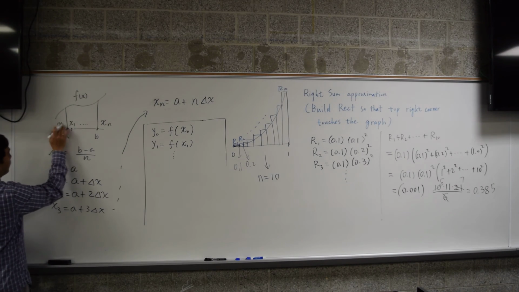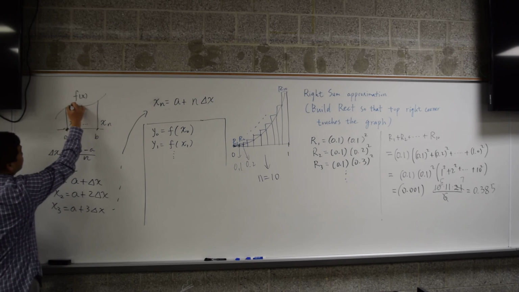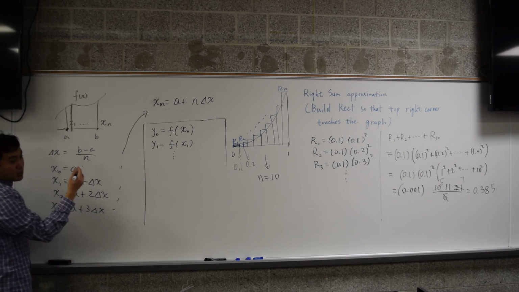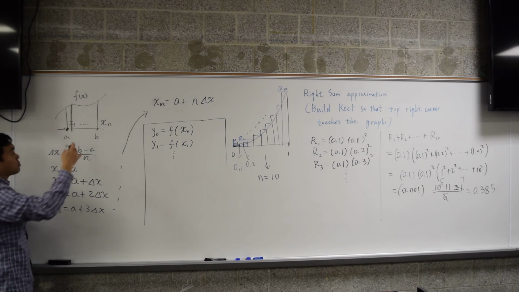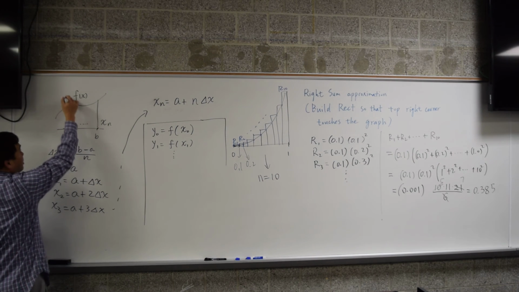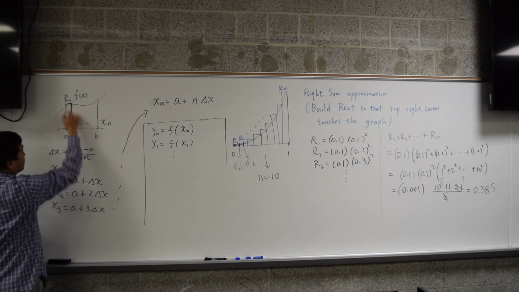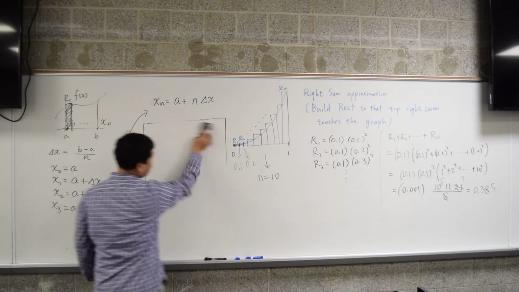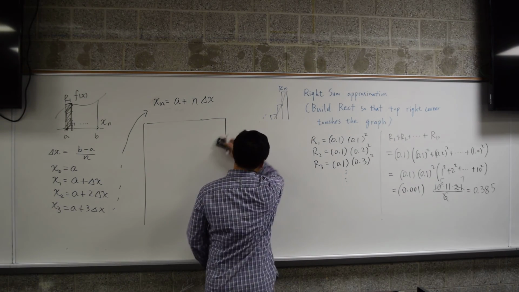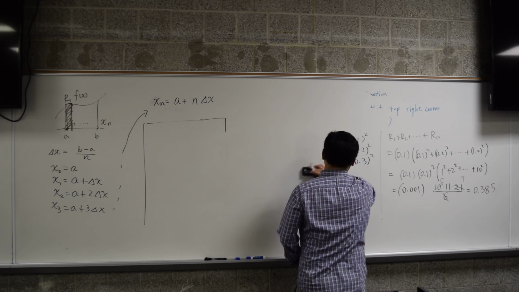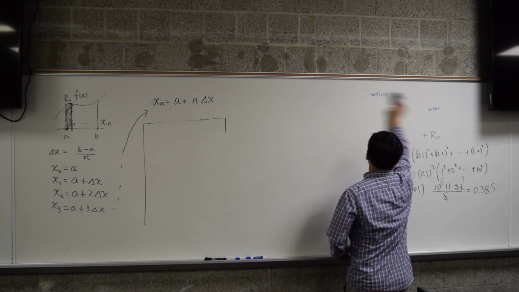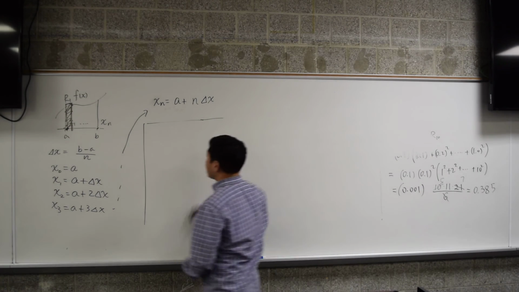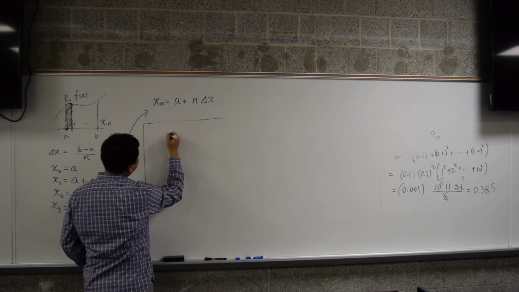You ignore the x0 because that's not used. You start using x1 as the pivot for building the first rectangle. So you build your first R1 like this, right? Maybe I should just erase everything. Okay, so what's the area of R1?